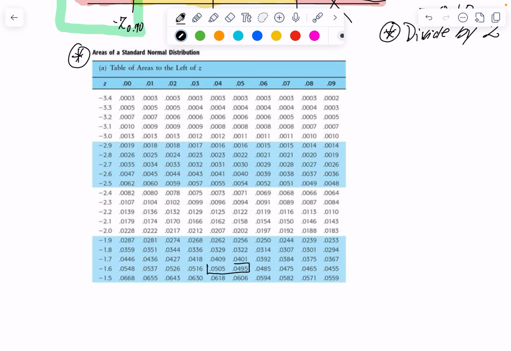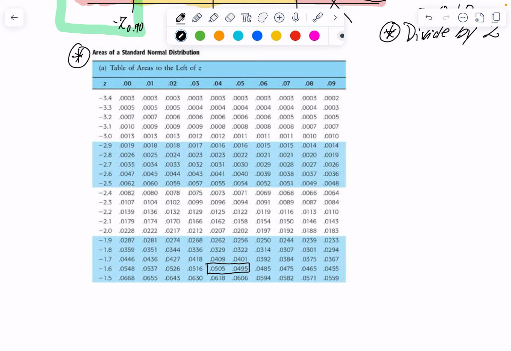Now remember when previously we talked about trying to find the closest value possible. Here we actually see two values that are basically the same distance away from it, the 0.0505 and the 0.0495 as our areas.